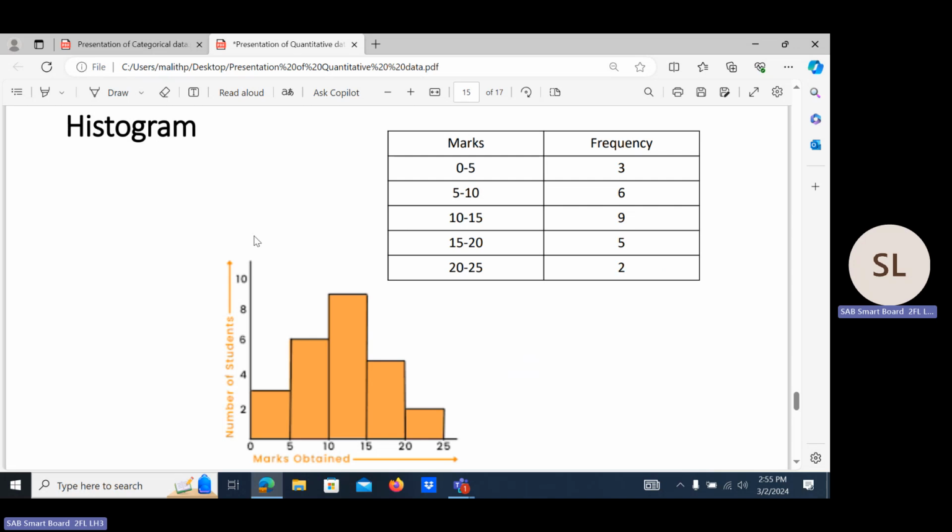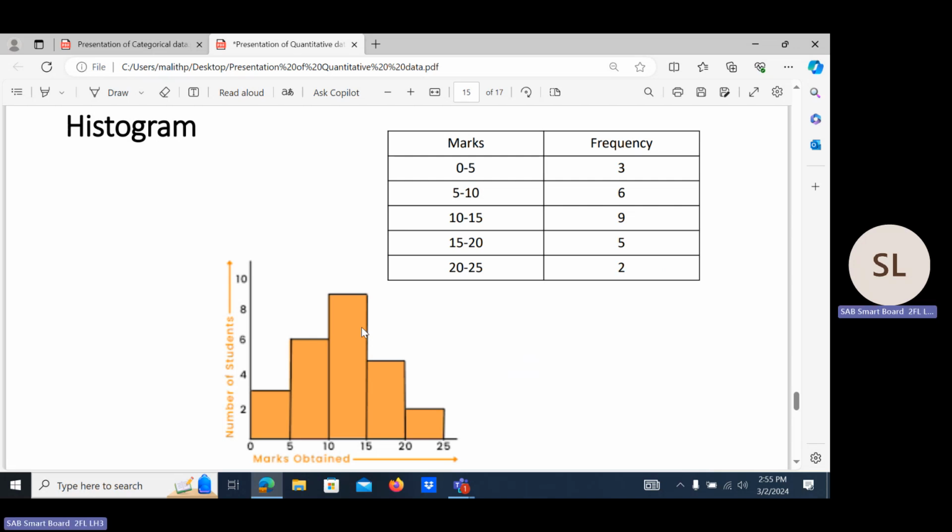When we need to draw the histogram, we normally construct the group frequency distribution. There are class limits, and in the class limits there is a gap. Using the class limits, we cannot draw the histogram.